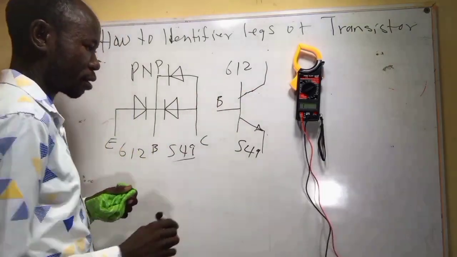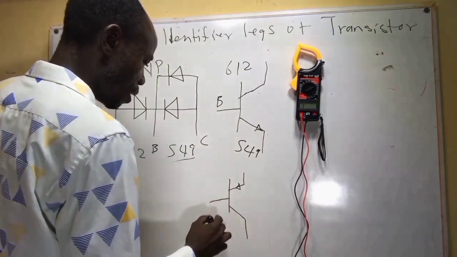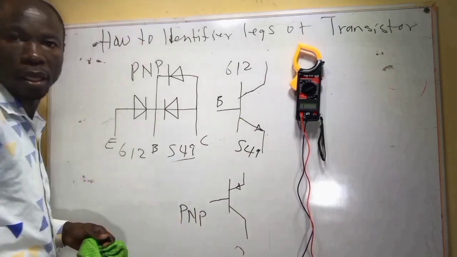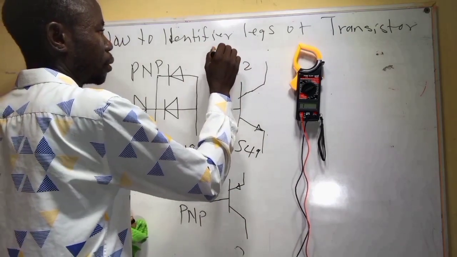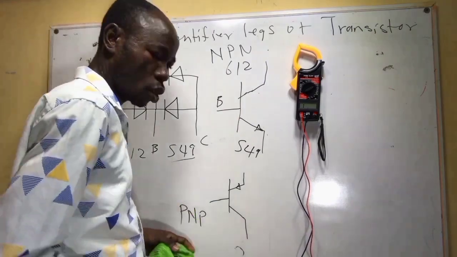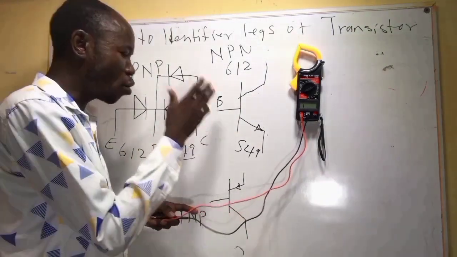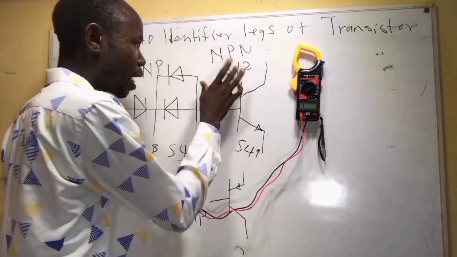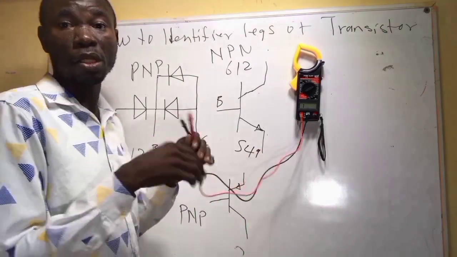This is an NPN transistor. This one too is a PNP transistor. And this one is what? NPN. To identify and know which one is the NPN and which one is the PNP, the meter will tell you.